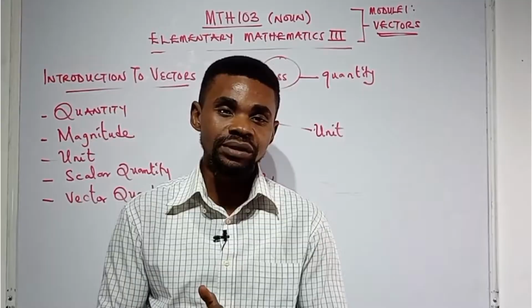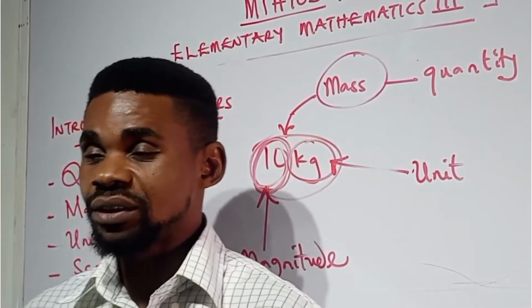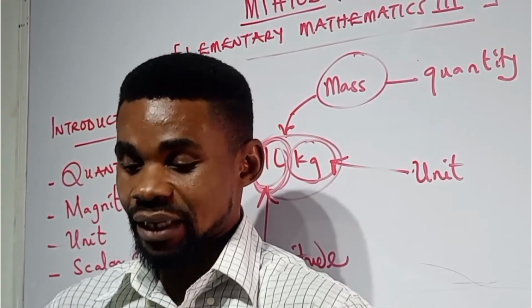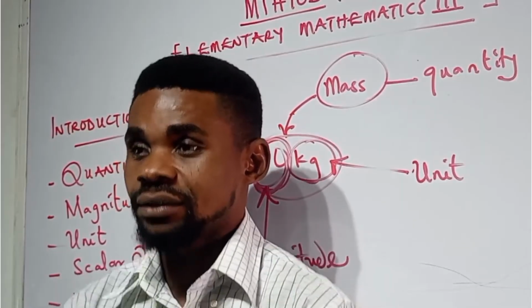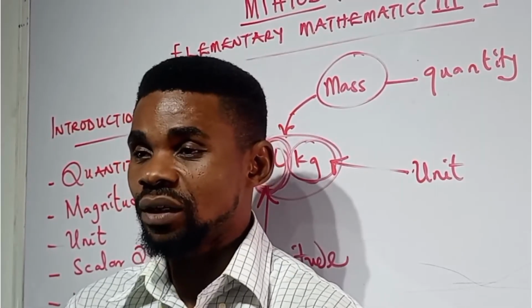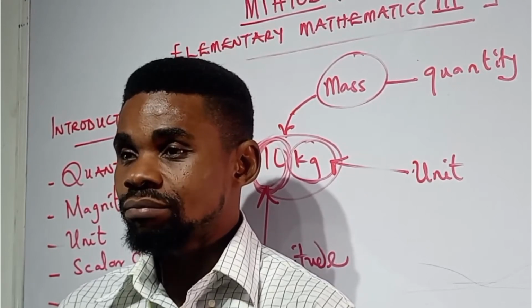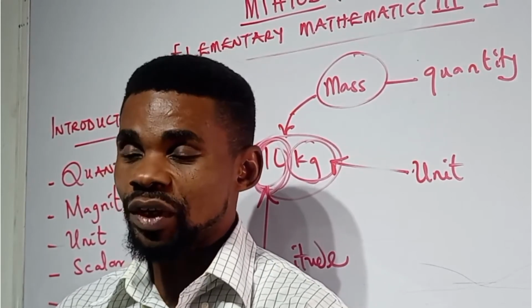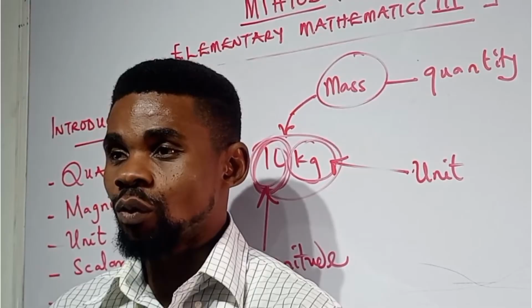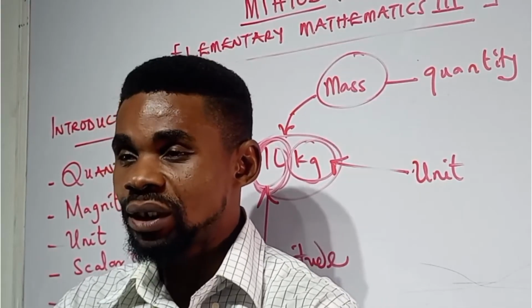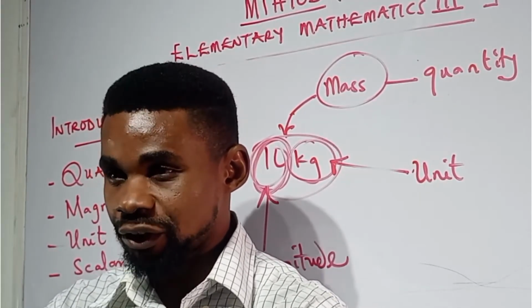Examples of vector quantities: weight. The weight of my body acts downward according to the direction of gravity. You understand that? Force is also a vector quantity, because whenever you apply force on a body, you apply the force in a given direction.